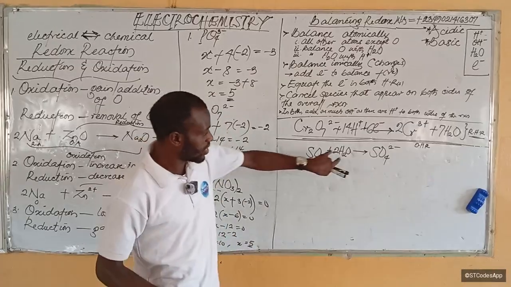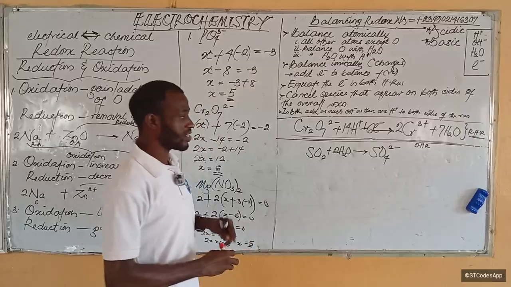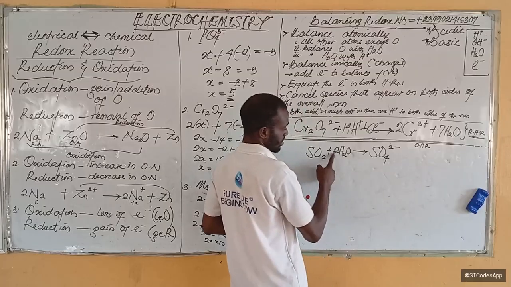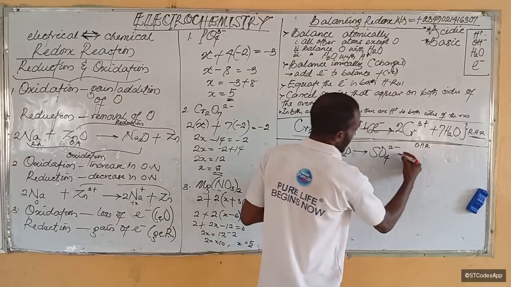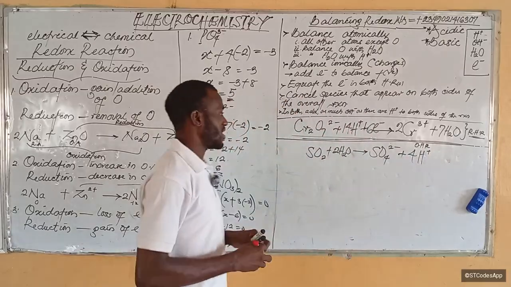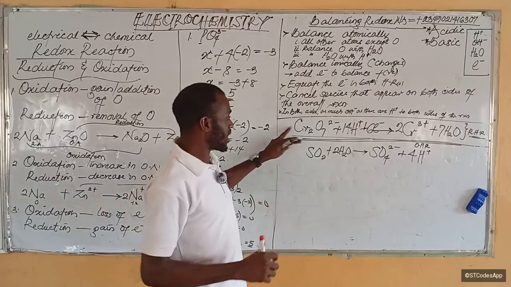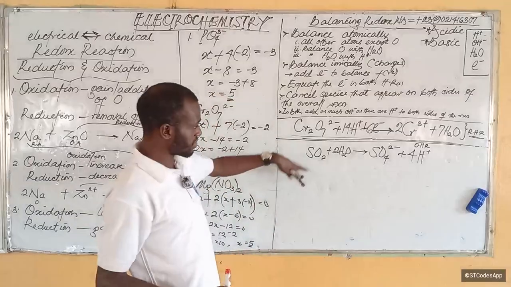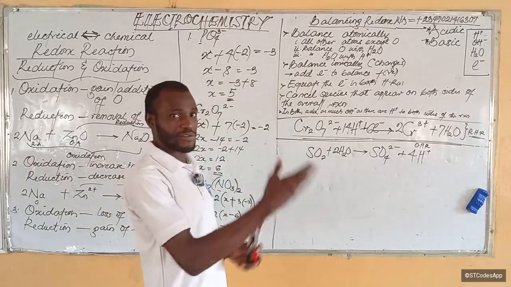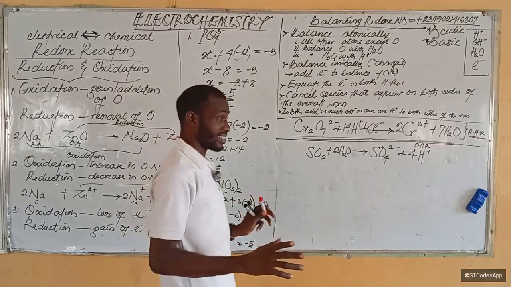What's the new species? Hydrogen. We have added 4 hydrogen, so come here and add 4 H plus. Is that clear? Don't worry, I forgot to balance this in basic, so I'll show you in basic after balancing this. So I balance with hydrogen. You see that I'm going back and forth very easily. Very, very easy.